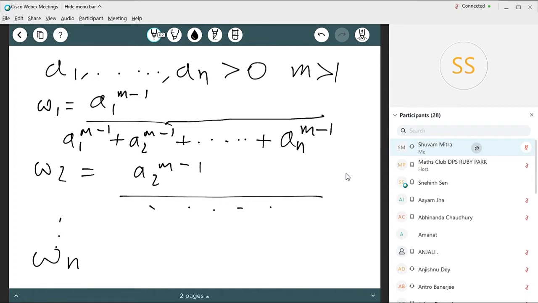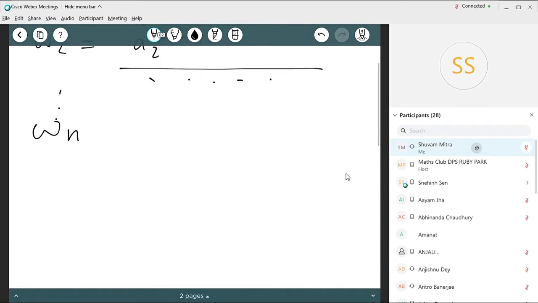So observe that with this definition, w1 plus w2 plus ... plus wn is equal to 1. Yes, this is the power mean inequality. I'm using weighted AM-GM to prove power mean, for m greater than 1, I'm proving that case.